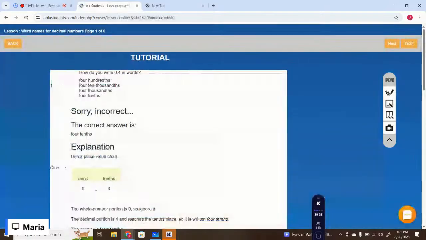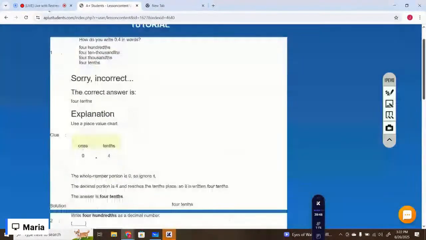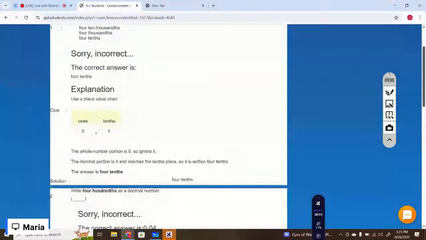How do you write 0.4 in words? We have 400th, 4 10,000th, 4,000th, and 4 tenth. Let's just understand the place value chart. 0 is at the ones and 4 is at the 10th position, right?